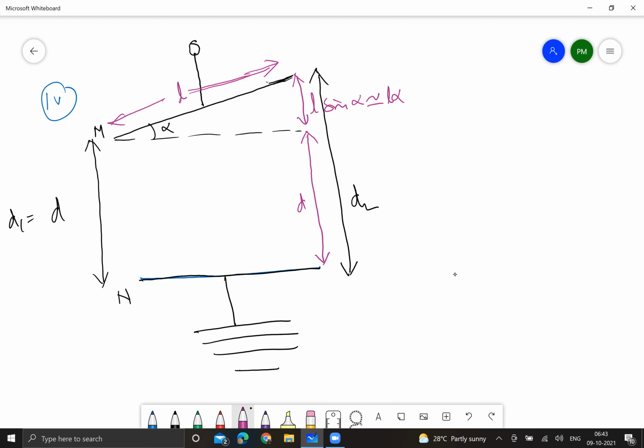So D1 becomes D, D2 will be D plus L into alpha. Whenever the plate separation is different, we can go for the mean separation between the plates.